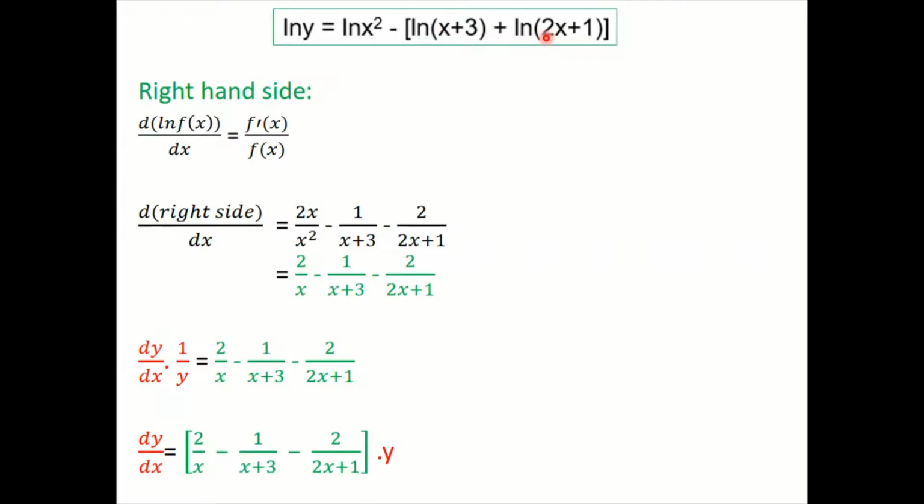Starting with the natural logarithm of x squared, we need to differentiate x squared. That would be 2x. So that would be f prime of x, 2x, and the original f of x would be x squared. So that goes into the denominator.